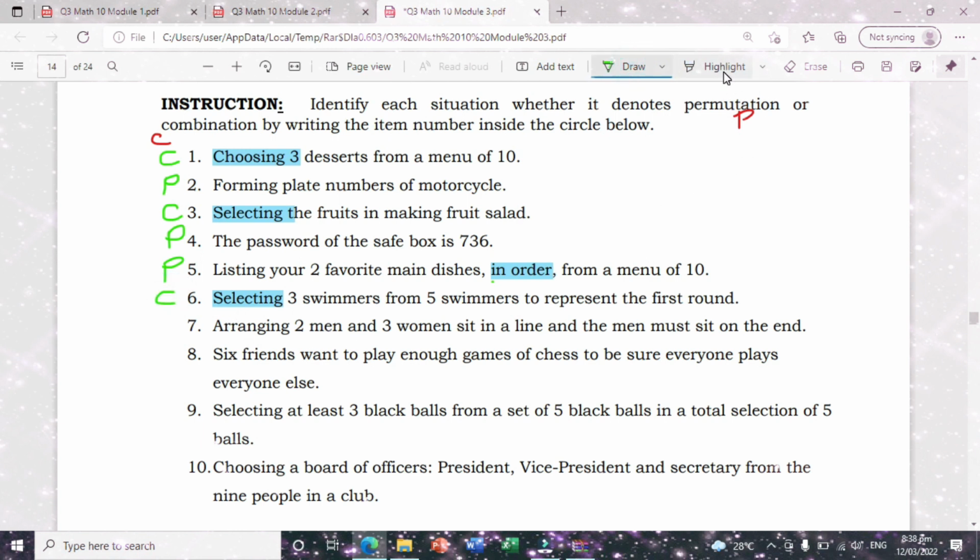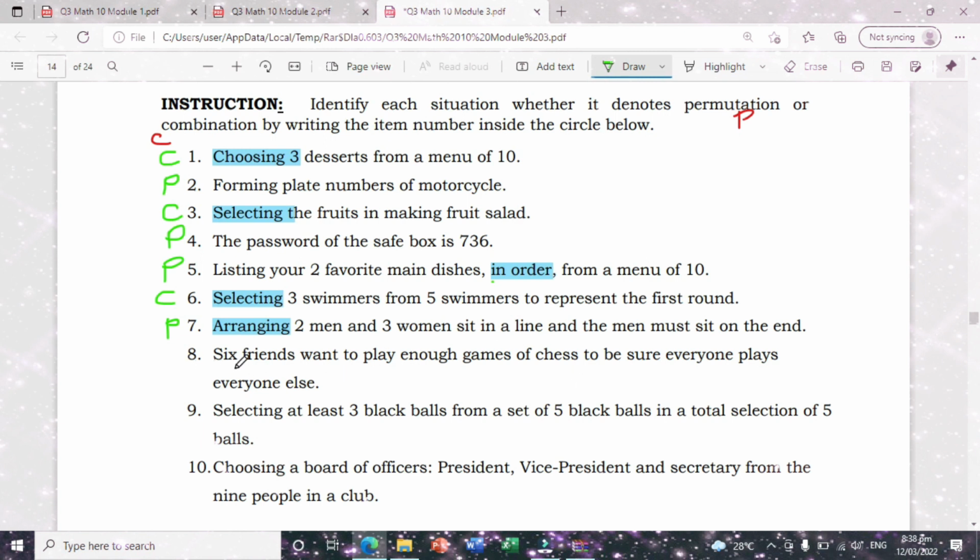Number 7, arranging. So understood na yan na permutation. Then ito naman, 6 friends want to play enough games of chess to be sure everyone plays everyone else.